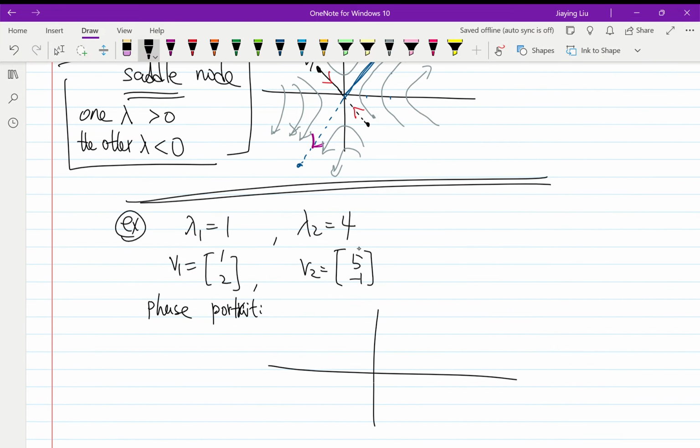vector v1, (1, 2), has a positive eigenvalue, so it's going to point away from the origin. The reflection also has an arrow pointing away from the origin. Vector v2 is (5, -1): 1, 2, 3, 4, 5, negative 1.